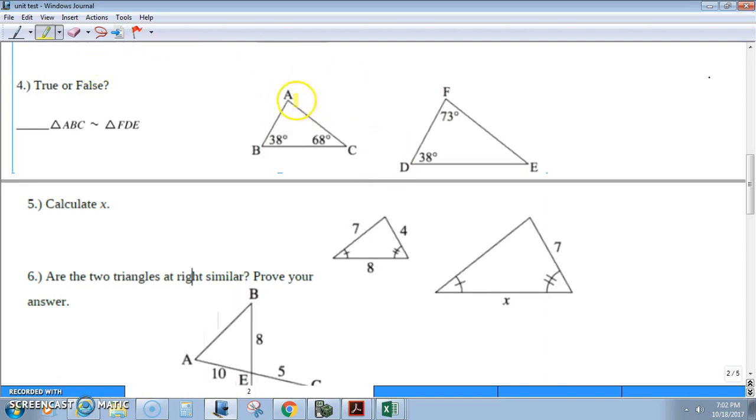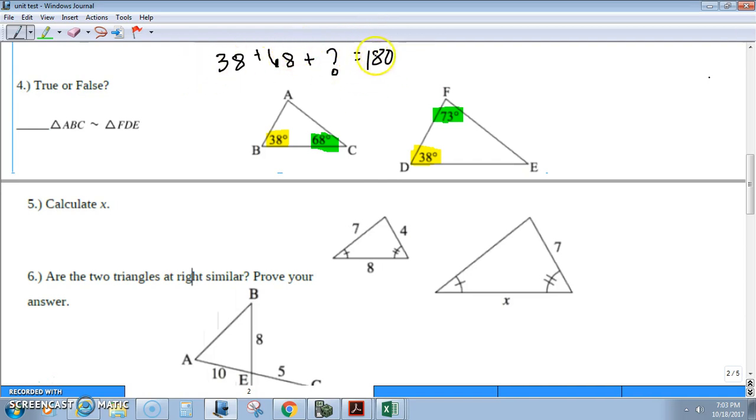Well, I don't know any side lengths, so I can't figure that out, but they share this angle 38, right? But the other angle is different, right? 73 and 68 is different. But in order to prove that they're not similar, we still have to find that third angle. We know all of the angles of a triangle add up to 180. So for this first triangle ABC, 38 plus 68 plus some number we don't know, the measure of angle A, is going to equal 180.